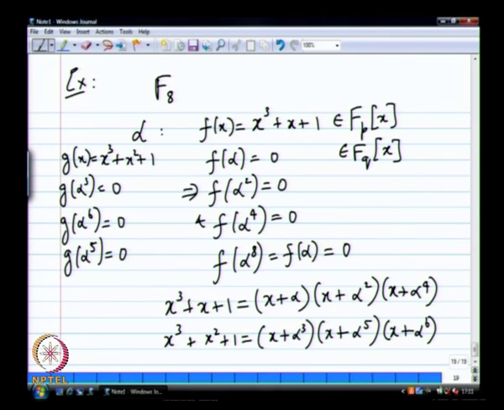Now I want to claim that the minimal polynomial of alpha is actually x power 3 plus x plus 1. How would I prove something like that? What is involved?